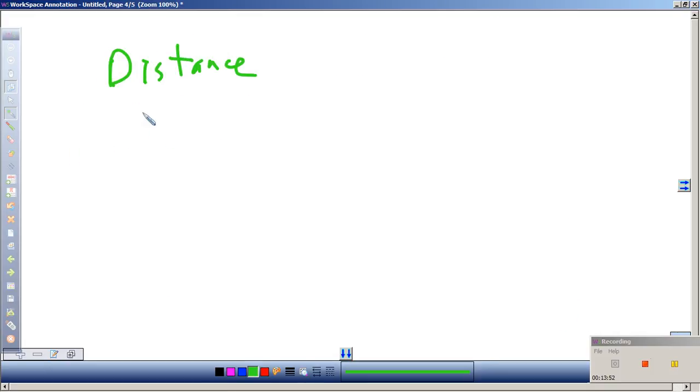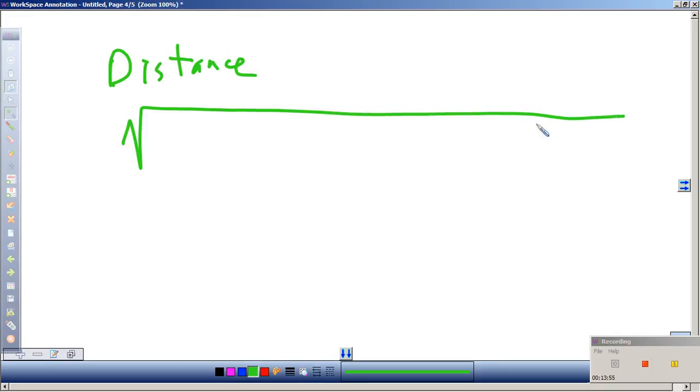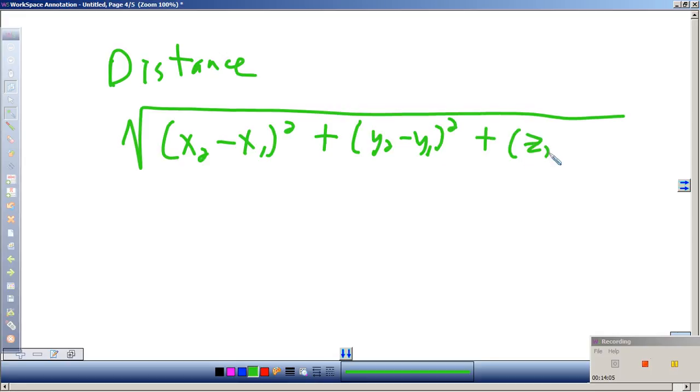So it is going to be the square root of x2 minus x1 squared plus y2 minus y1 squared plus z2 minus z1 squared. So this is how we calculate the distance between the two points.